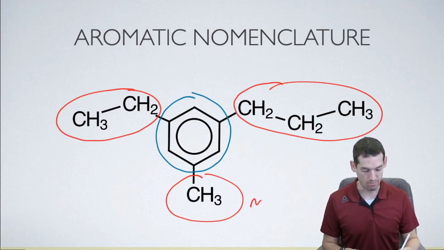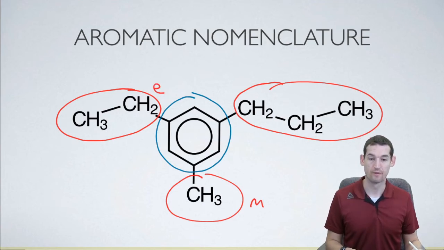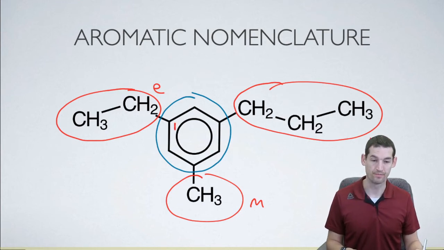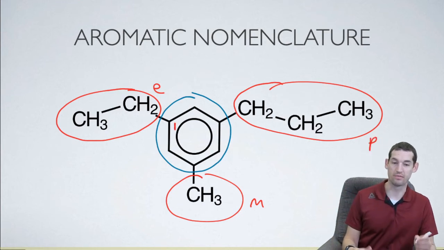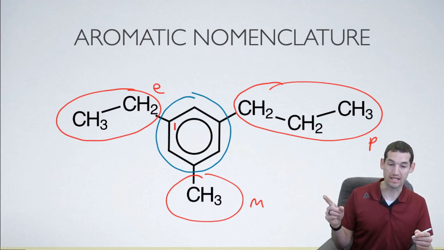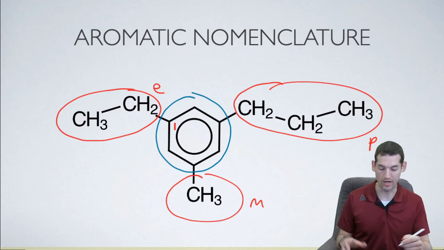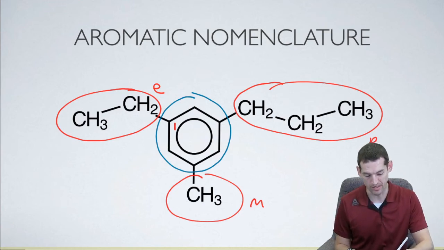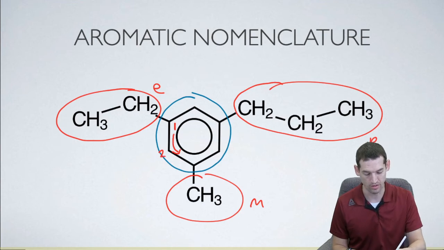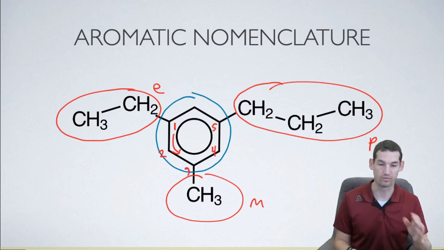So I have a methyl, an ethyl, and a propyl. So ethyl is going to come first, so I'm going to make this carbon 1. Methyl is going to come next. So I'm going to make it the next one. So rather than go up and to the right, I'm going to number going down this way. So this would be 2, 3 methyl, and 4, 5 propyl.